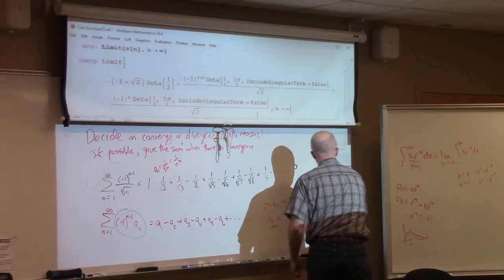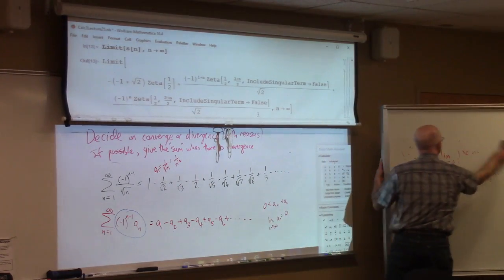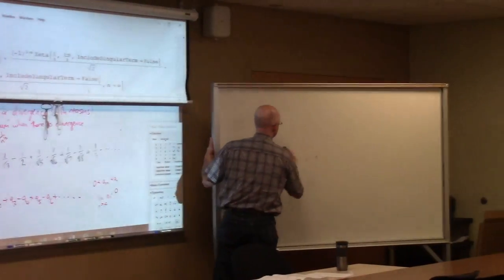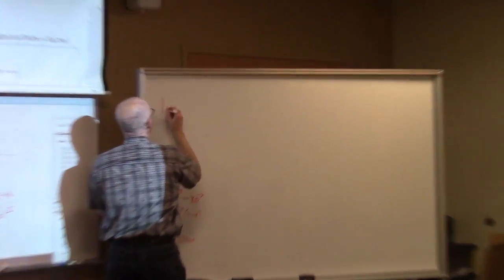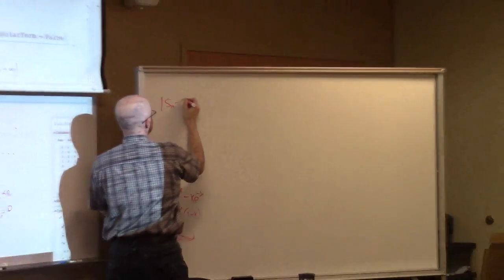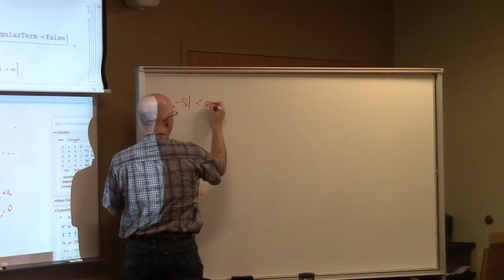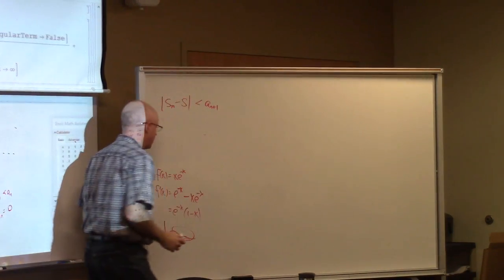In the situation where the alternating series test applies, it says that the absolute value of Sn minus S is less than a_(n+1). What does this mean?